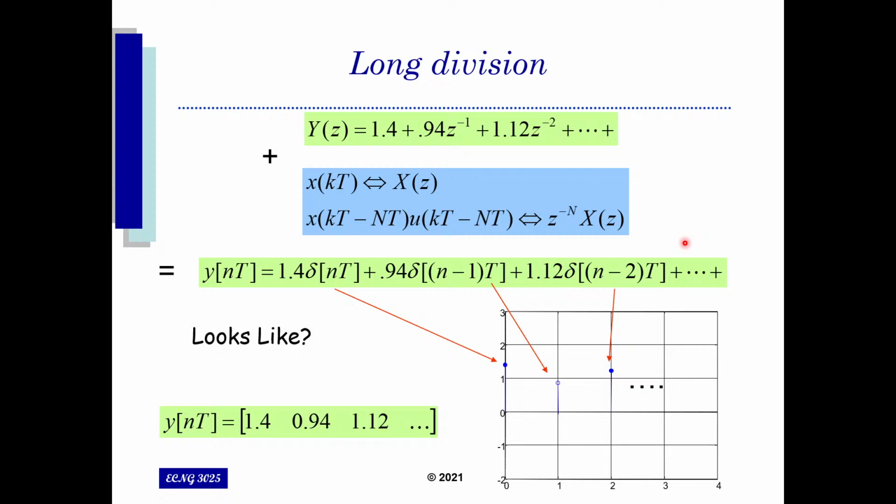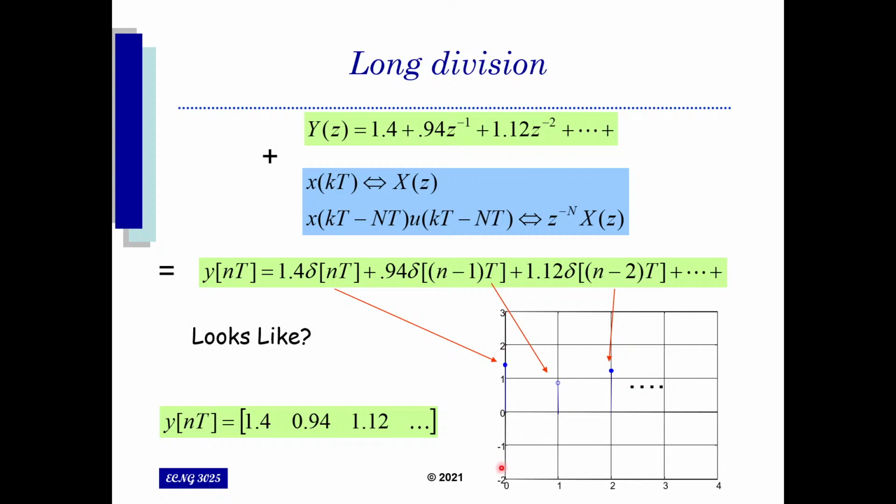So the question will be structured such that: find the open form solution of the following Y(z) equation up to the z to the negative 2 term. As a result, once we do the long division process and we get our quotient up to that z to the negative 2 term, the remainder is just going to be represented by this plus dot dot dot plus here for our Y(nT). But the important part here is just going to be the quotient results that we did obtain from the long division.